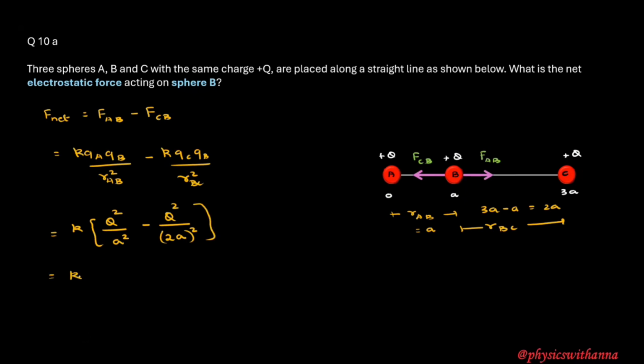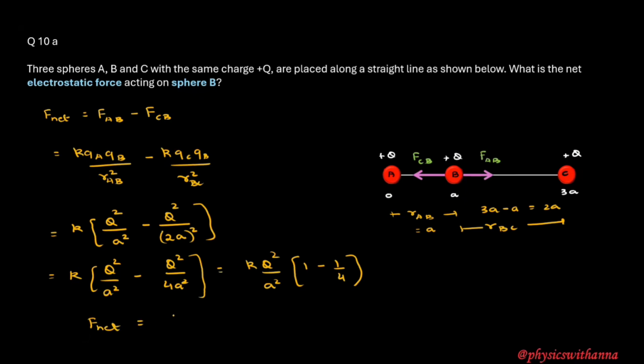That becomes K Q squared over A squared minus Q squared over 4A squared. Now we can take Q squared over A squared also as common out. So K Q squared over A squared, and you are left with 1 minus 1 over 4. That gives the net force equal to 3KQ squared over 4A squared.